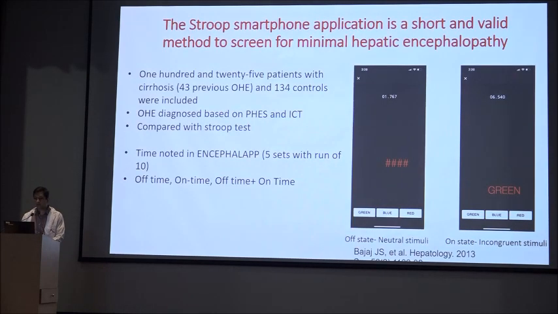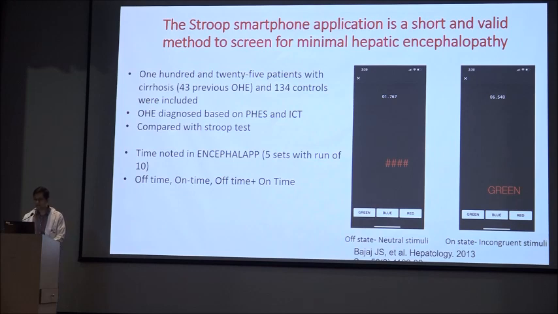The other common test that is normally advocated is the Stroop smartphone application, where the initial study included 125 patients and 134 controls. What you normally do in a Stroop test is that you have something called an on-state and an off-state. On-state is where they ask you to label the color which they show, and off-state is where they ask you to label the color even if red is written and it is in green, so you have to say that it is green rather than red.